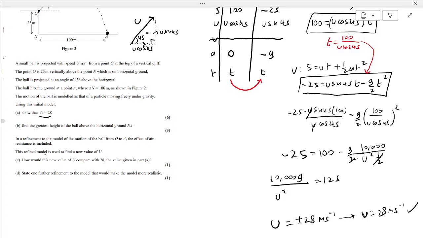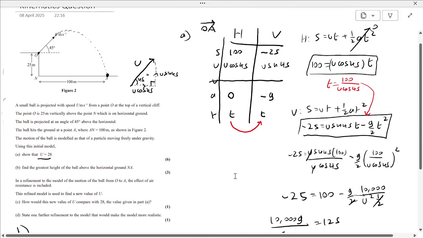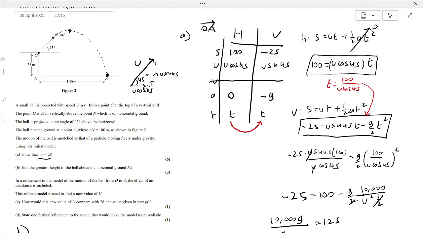Part B says find the greatest height of the ball above the ground. So the greatest height, that's not an O, that's not an A. That's at this extra point in the middle.